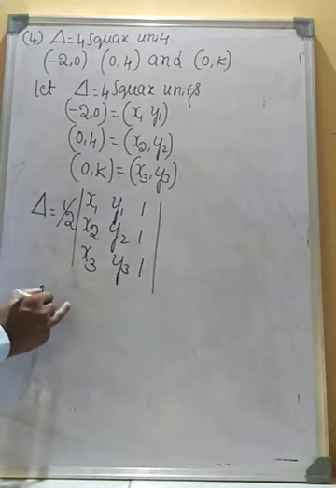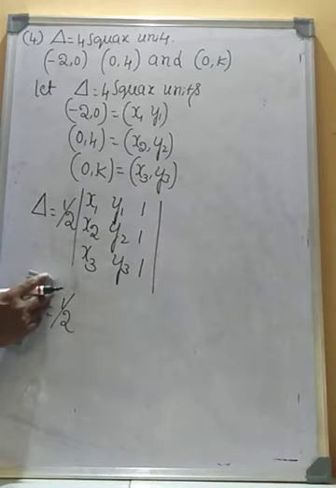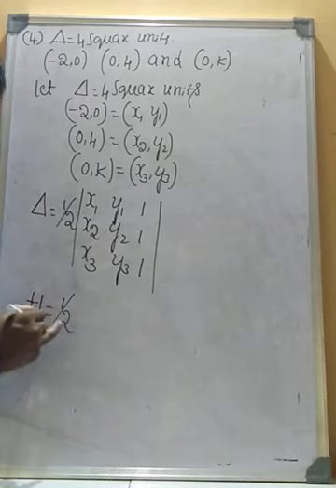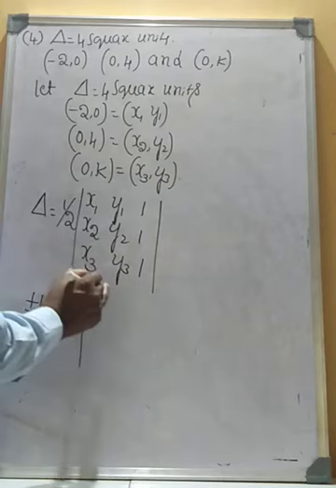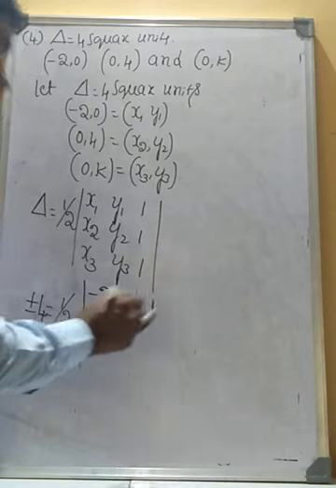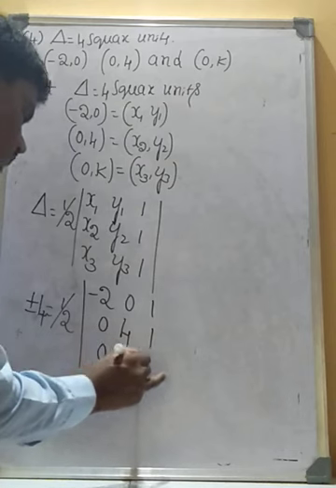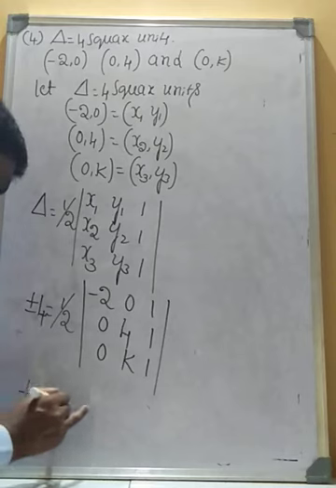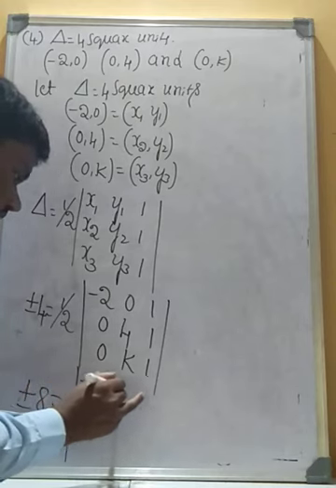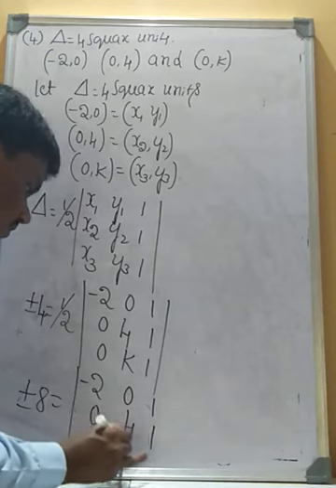Delta is given as plus or minus 4, equal to 1 divided by 2 times the determinant of minus 2 0 1, 0 4 1, 0 k 1. By cross multiplying, plus or minus 8 is equal to the determinant of minus 2 0 1, 0 4 1, 0 k 1.